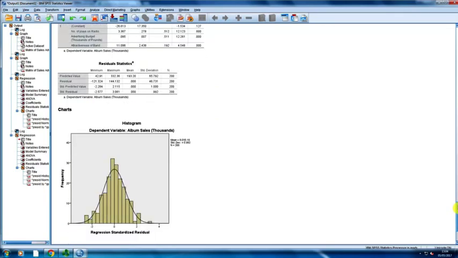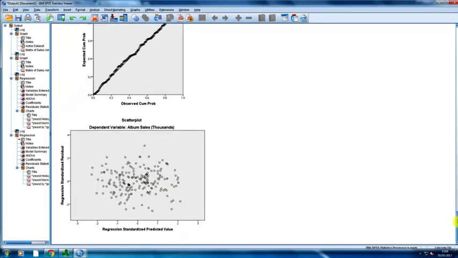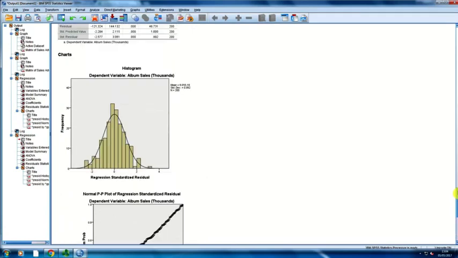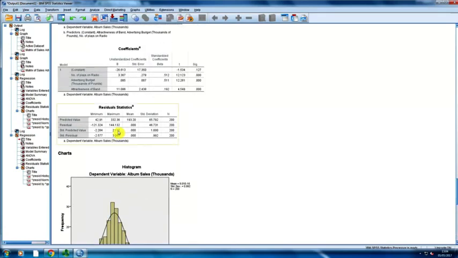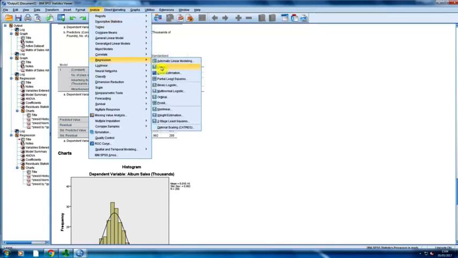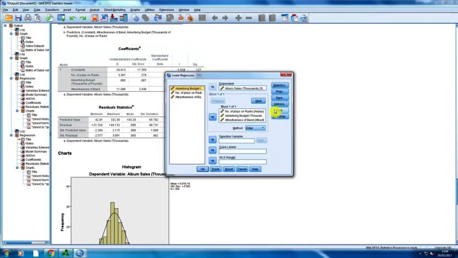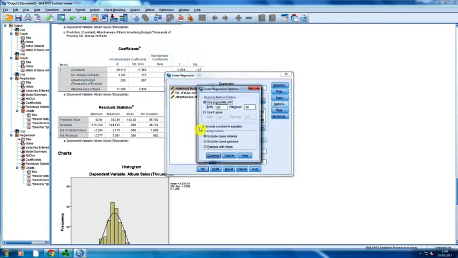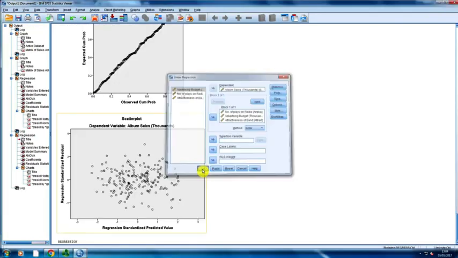Although these plots here are valid, they're not reliable because this constant needs to be taken out of this formulation. So I'll go back to Analyze, Regression, Linear, and under the Options button I will uncheck Include constant in equation, then press OK.